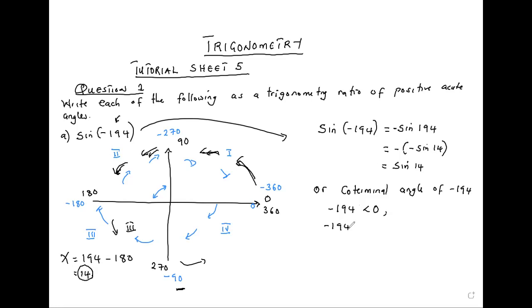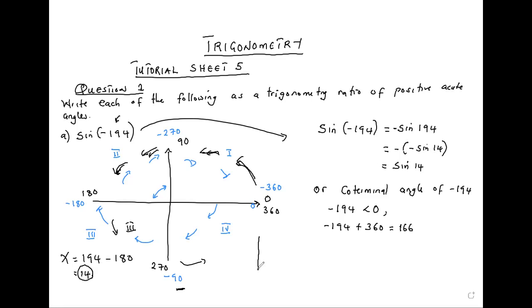So 360 minus 194 will give us 166. So 166 is the coterminal angle.